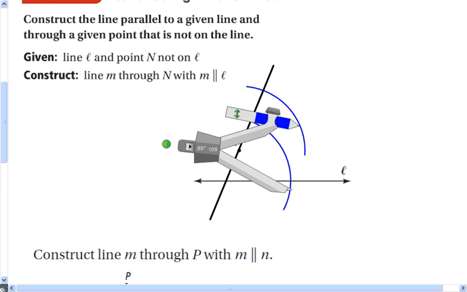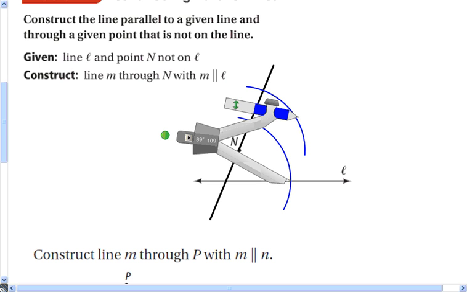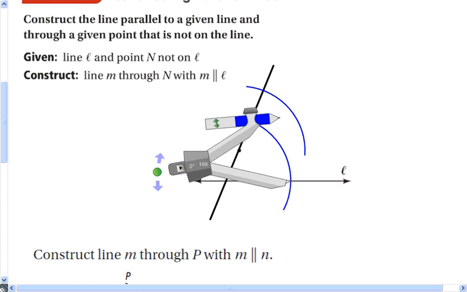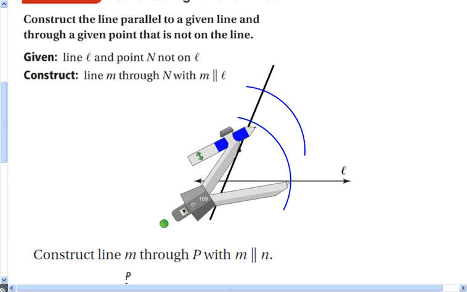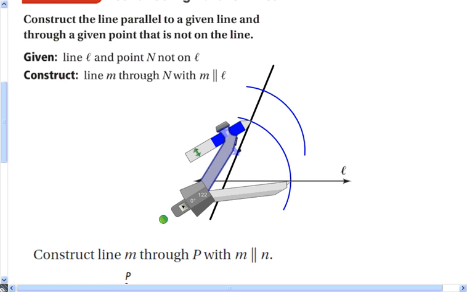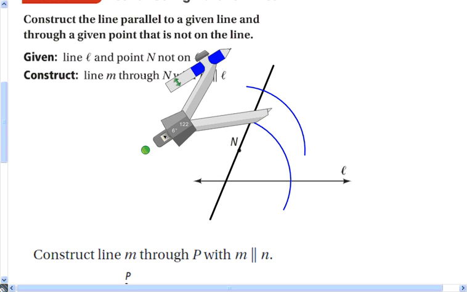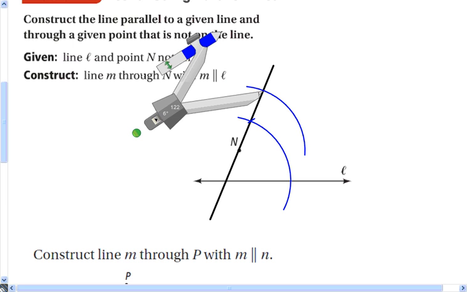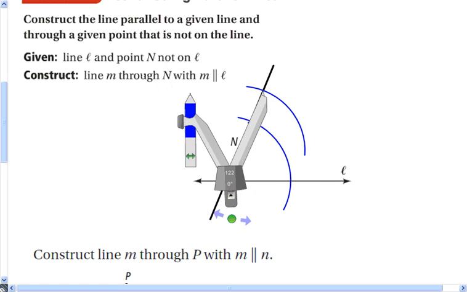I'm going to use my compass to measure the width of that arc. So I'm going to stretch my compass till it is the same width. I can see that it is. I'm going to use that width to mark my other angle. So I don't want my compass to lose its setting here.